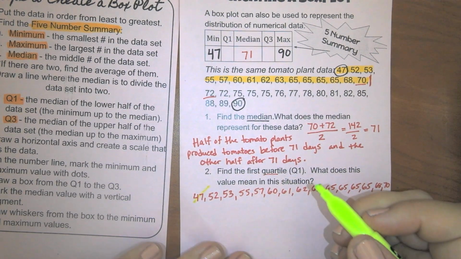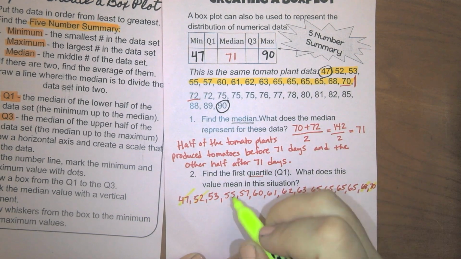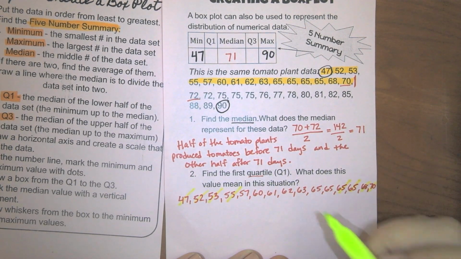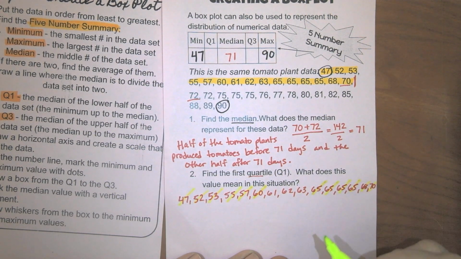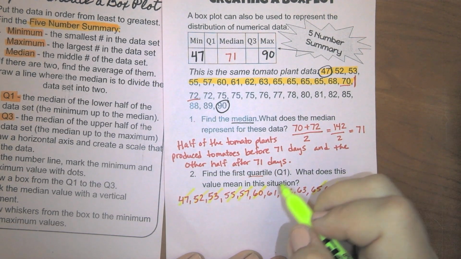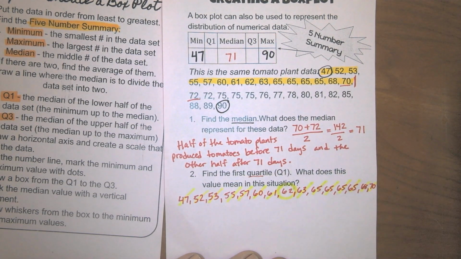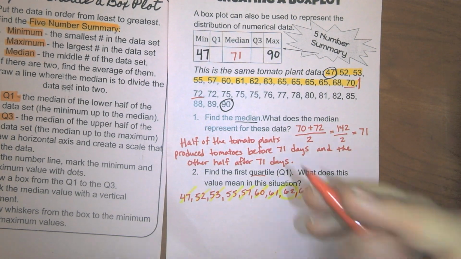So I'm going to pair them off. 47 with 70, 52 with 68, 53 with 65, 55 with another 65, 57 with another 65, 60 with another 65. And I'm just doing a low and a high and a low and a high, and then when I get to the middle, I have one left that doesn't pair up, and that's going to be my Q1. So 62 is my Q1.